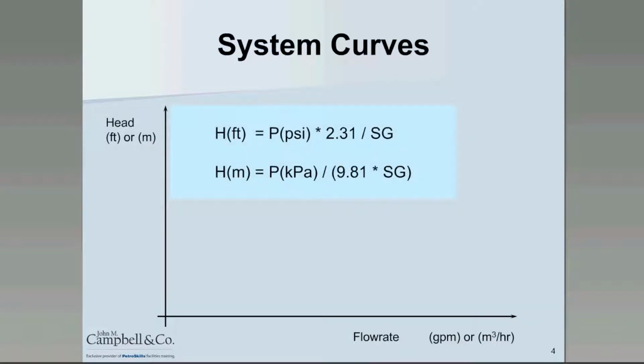You can calculate head from your pressure, or differential pressure across your pump, which would bring it proportionate to specific gravity, but we utilize head on this chart because that means that a single pump curve would be independent of changes in specific gravity, which is very useful for us.